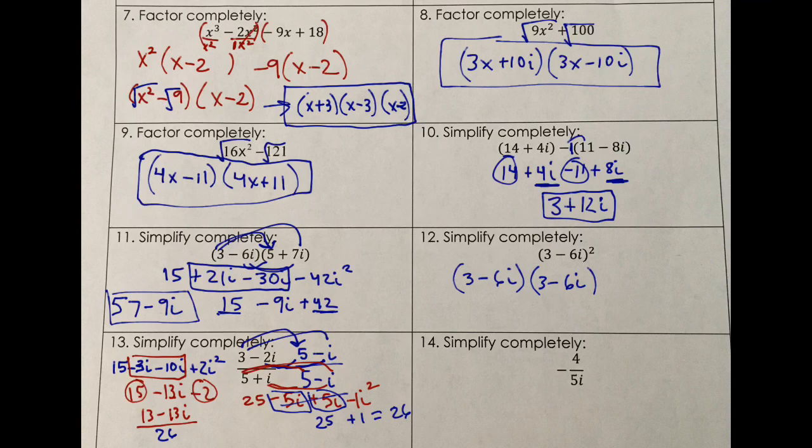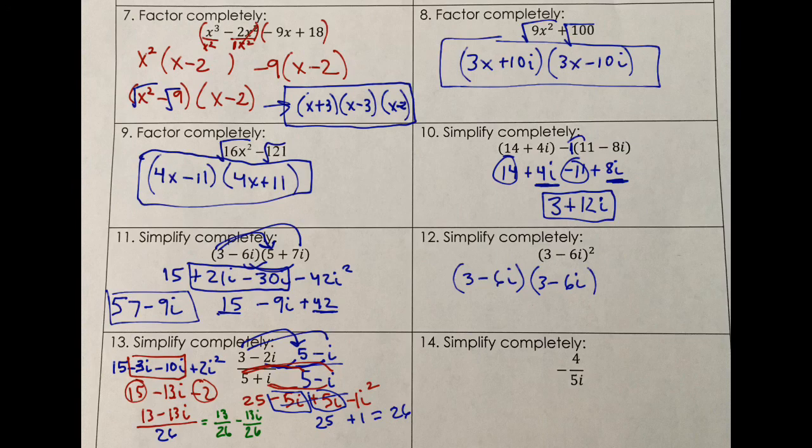So, are we done? We are not done because we have to split it. And we're running out of room here, so I'll write this part in green. This is equal to 13 over 26 minus 13i over 26. Does 13 over 26 simplify?